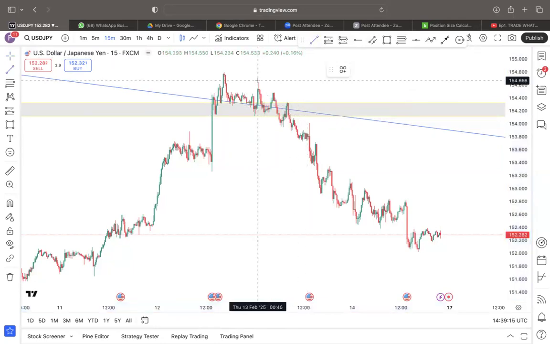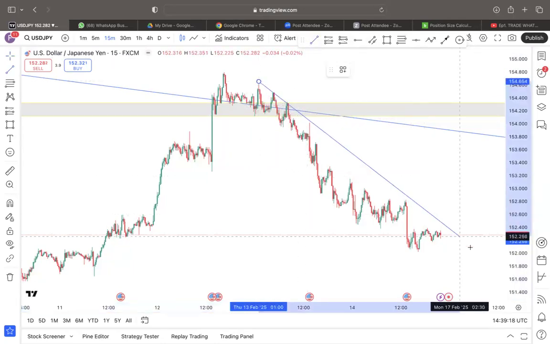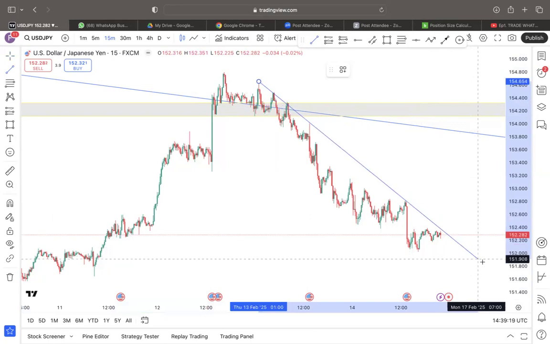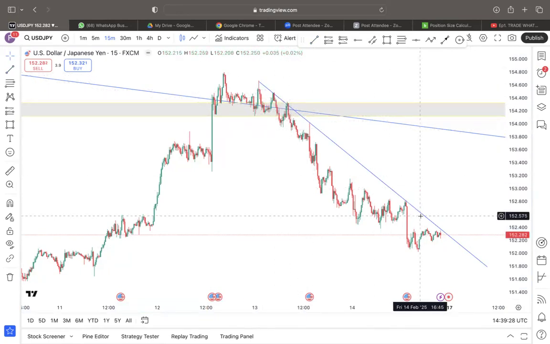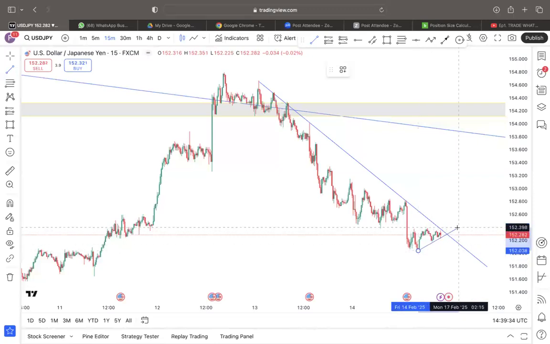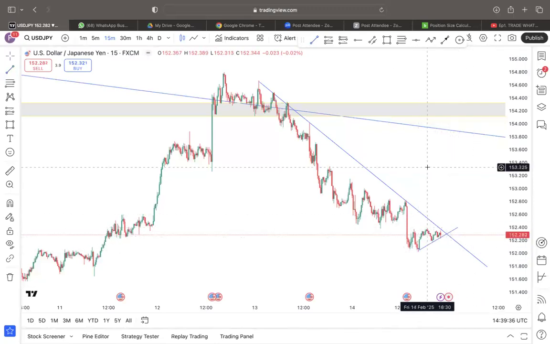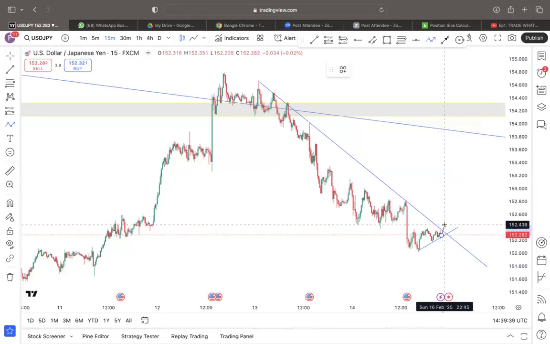So look at this. First touch, second touch, third touch. What I'm waiting for is price to break out of this counter trend line here.